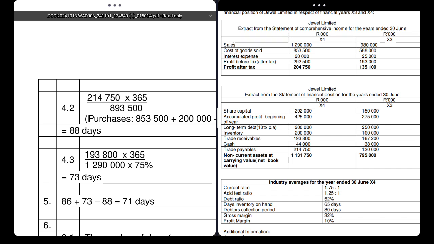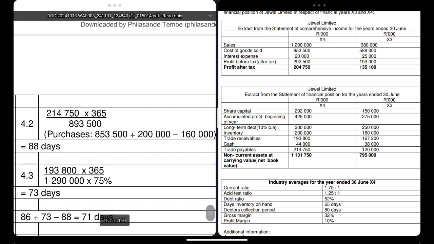Okay. So obviously over here they don't give you purchases, so you have to really think about it. You all know the formula. Opening stock plus purchases minus closing stock is equal to cost of sales. So solve for purchases. So put all the equations to the right if you think about it.